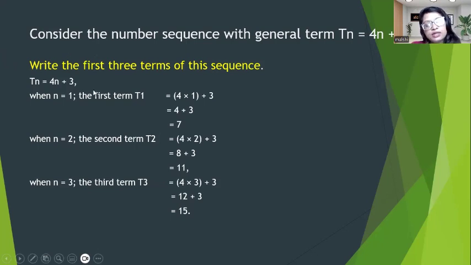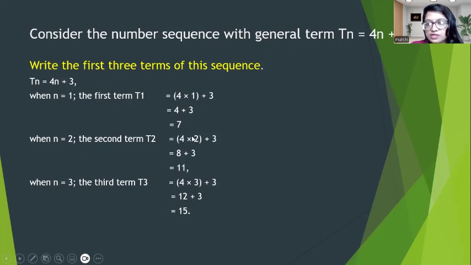When n equals 1, the first term is T1, which means you need to substitute n with 1. Substituting into the general term, you multiply 4 by 1, then add 3, and you get the answer 7.